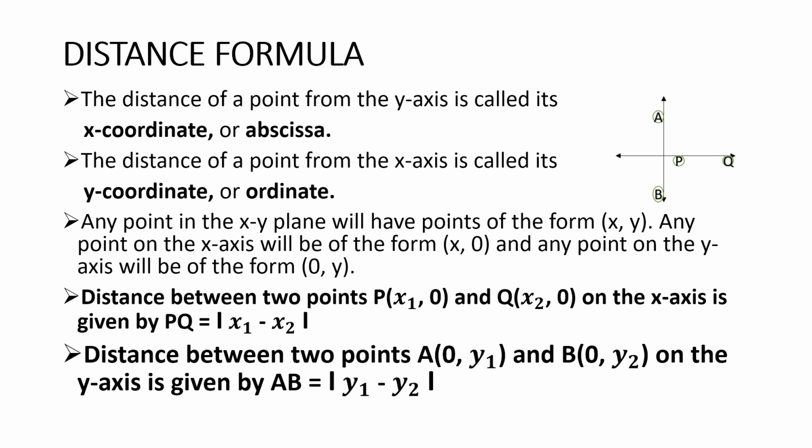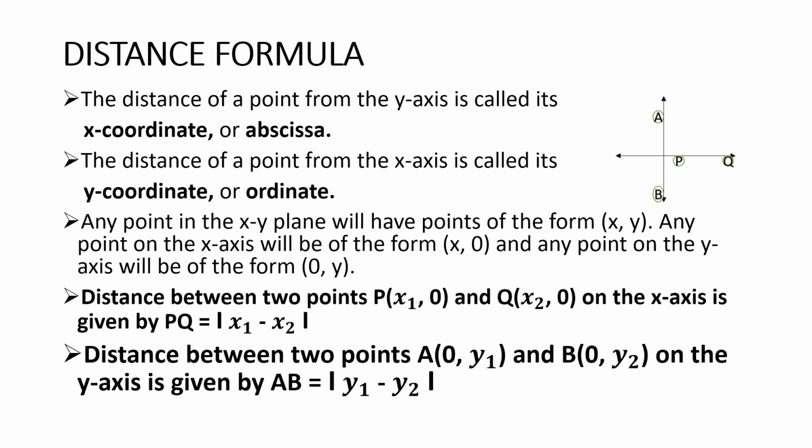Distance between two points P, the first point which has coordinates (x1, 0), and Q (x2, 0) on the x-axis is given by PQ, which is the absolute value of x1 minus x2. Why absolute value? Because you know distance cannot be negative.